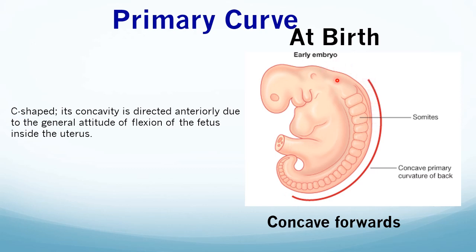The vertebral column looks like a C shape, and this position is adapted to the position inside the uterus to occupy as small a size as possible. At birth, the primary curvature is C shaped, concave anterior.